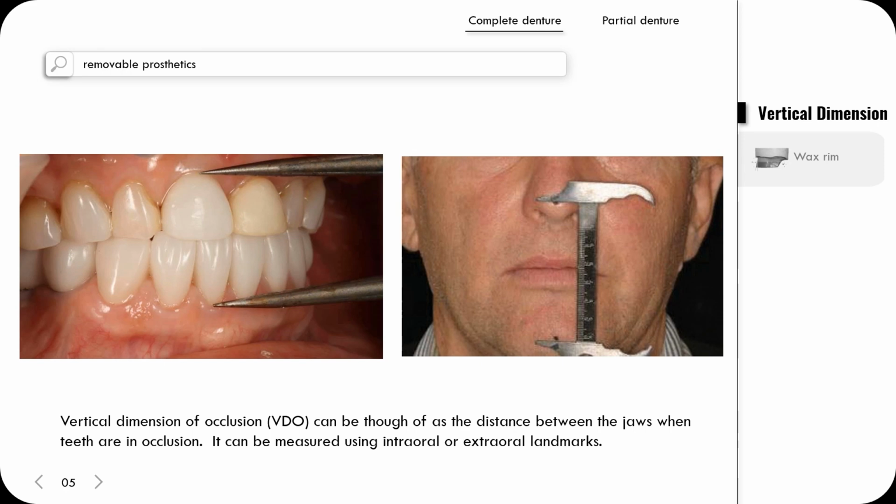So vertical dimension of occlusion can be thought of as the distance between jaws when the teeth are in occlusion. So basically you can think of it as how far apart the jaws are when the teeth come together. And you can measure intraorally, so you can measure, for example, from free gingival margin to free gingival margin of the upper to the lower, or you can use some extraoral landmarks.